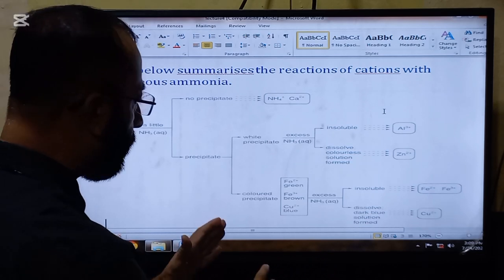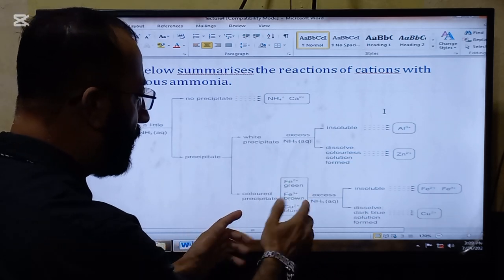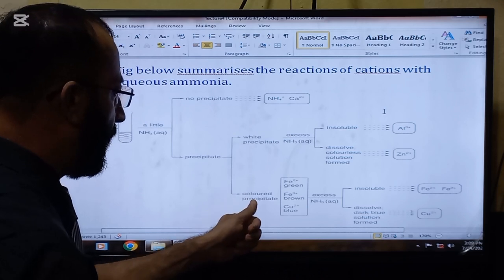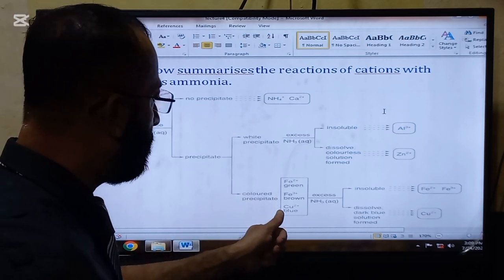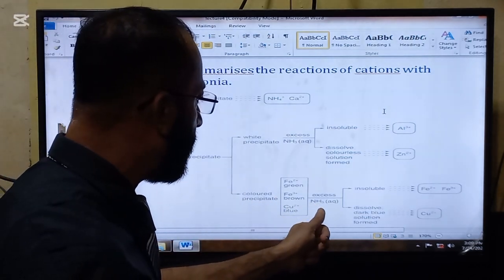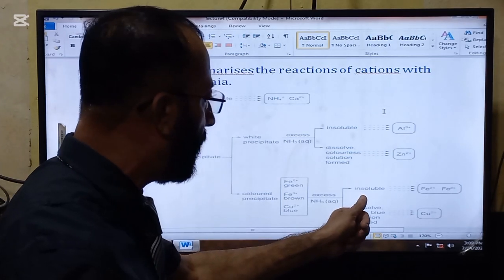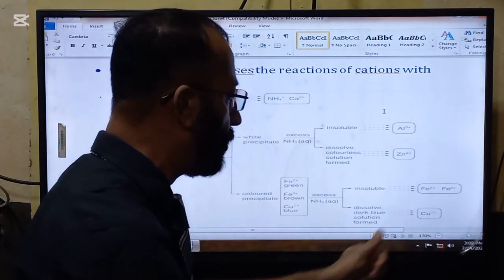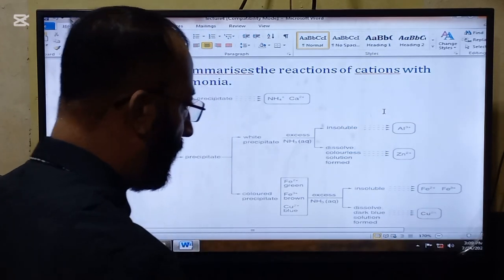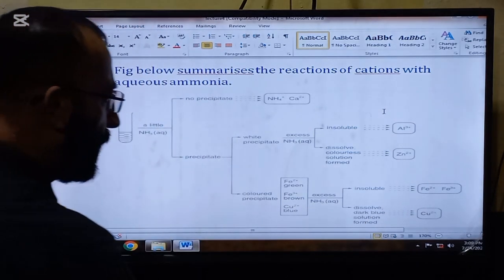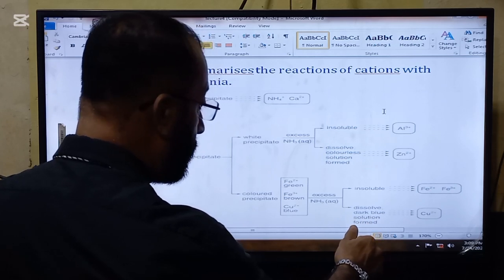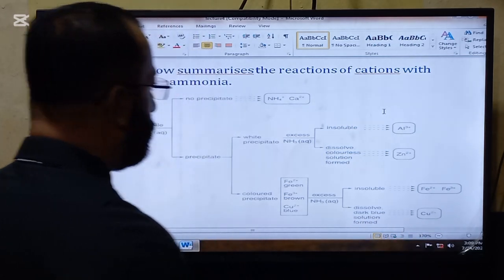Now we will decide which one it is, because there are three options in the colored precipitate. On further reacting with excess NH3, if it is insoluble, then that will be Fe2+ or Fe3+, so there will be either of these two. And if it dissolves and a dark blue solution is formed, that will be Cu2+.